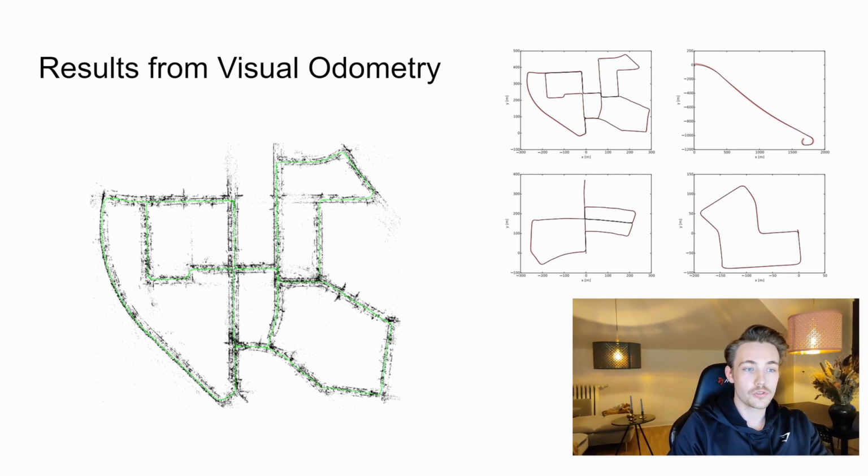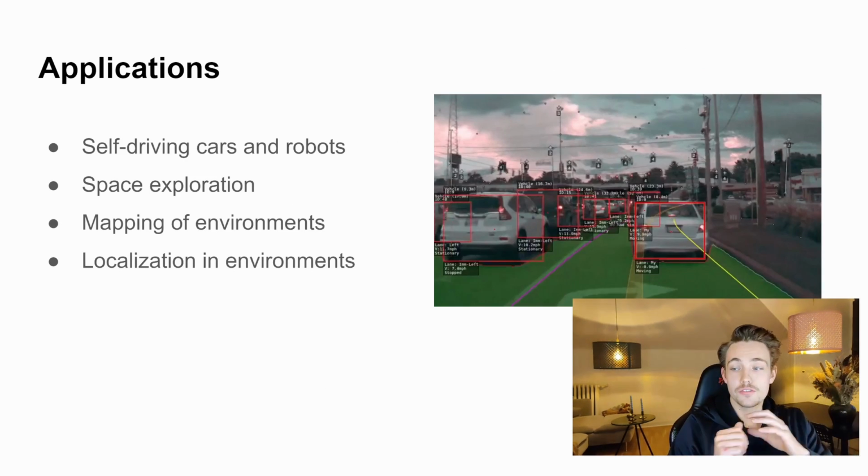So here we can just see some of the results with the ground truth labels and also the estimated trajectories, where we can see we have these really nice paths that we're actually able to estimate by using visual odometry with both a stereo camera but also a monocular camera. So some of the applications for using visual odometry are, for example, self-driving cars, also robots. We can use it for space exploration.